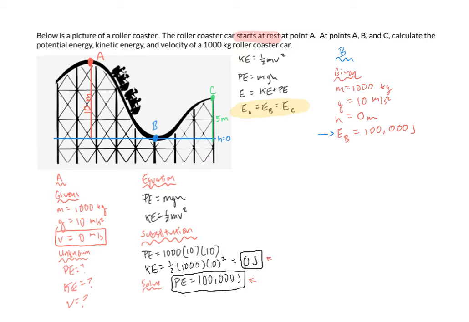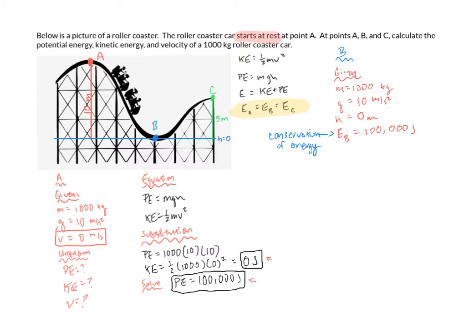I'm going to go ahead and write that for y'all, because that is what is key here. The total energy at point A is the same as the total energy at point B, which is the same as the total energy at point C. So that is going to be all of my givens.